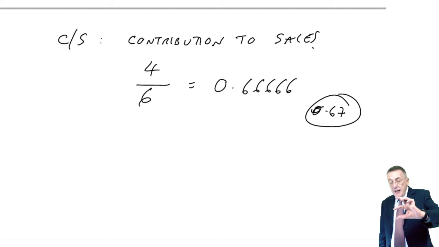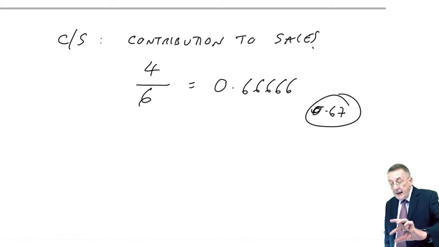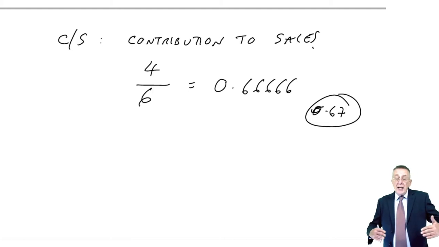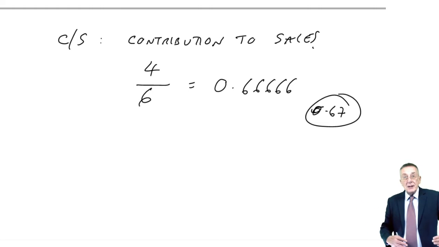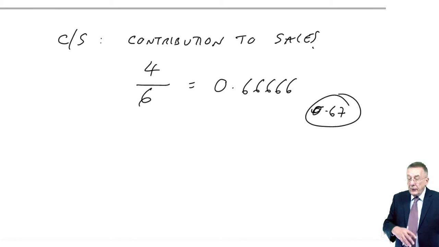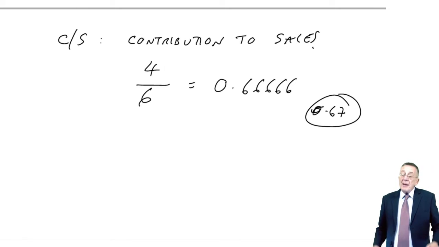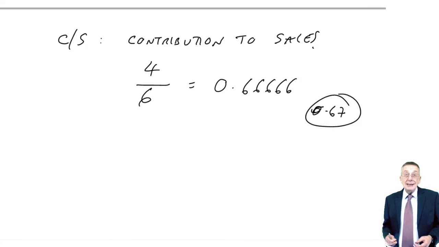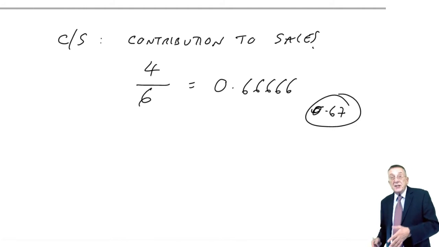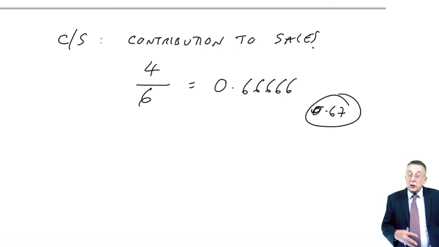Sell 1 unit and the contribution will be 0.67 of the selling price. But surely as we sell more and more units, well, since the contribution on each unit is 4 for every 6 selling price, the total contribution will always be 0.666 times the total sales.